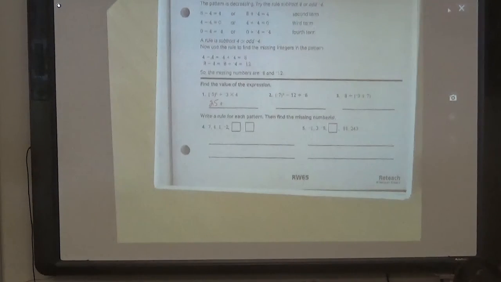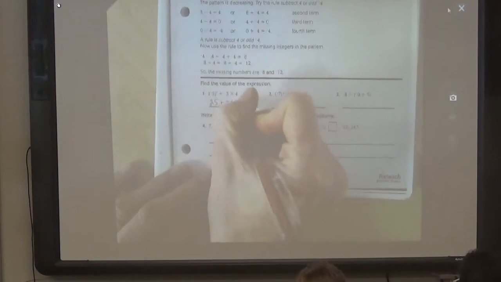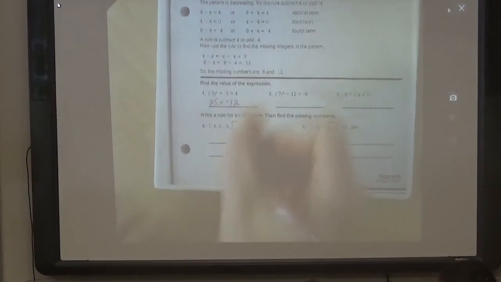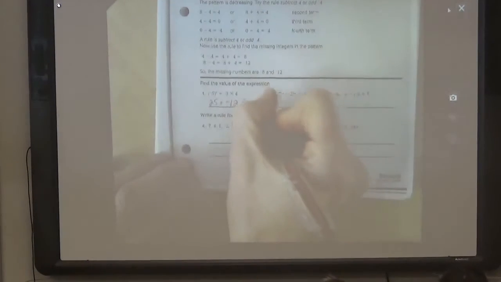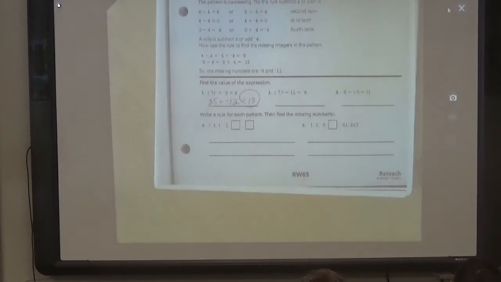And should we add negative 3 next? No. What should we do next? 3 times 4, but it's not 3 times 4, it's negative 3 times 4. So we have to do negative 3 times 4, which is negative 12. And then simplify that. So that equals 13. Okay?